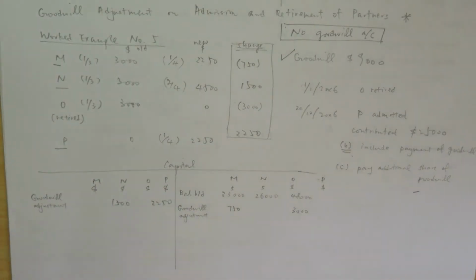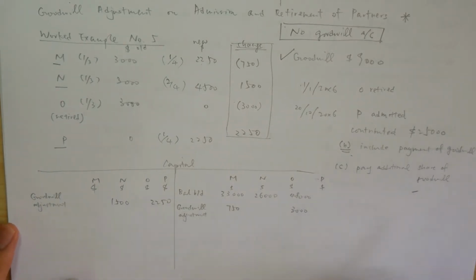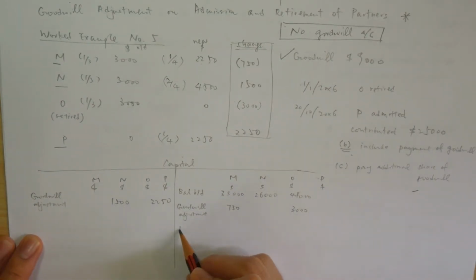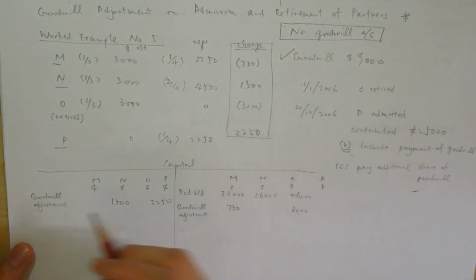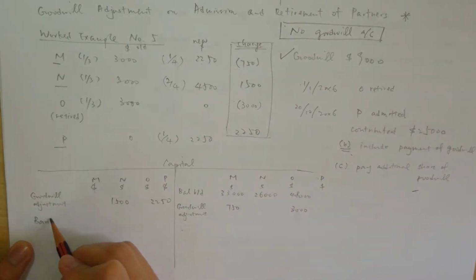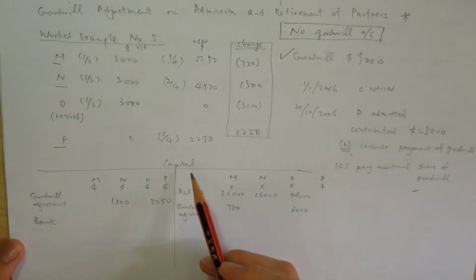Next we deal with O's retirement. If O retires, then we need to pay all of O's capital back to O himself. Therefore, we pay out from the bank: credit the bank and debit the capital account.